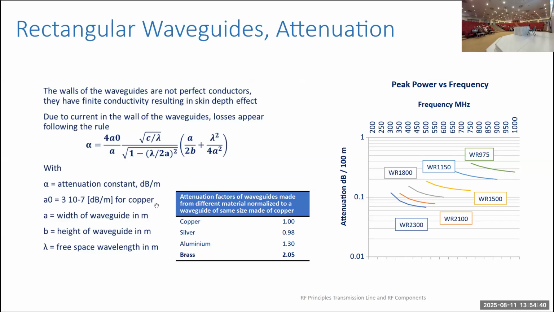It is the attenuation of RF per meter. a is the width of the waveguide in meters, b is the height of the waveguide in meters, and lambda is the wavelength in free space. And if you have a rectangular waveguide whose shorter side is half of the longer side, then this formula can be further simplified. Here in this graph, it is shown what the peak power carrying capacities of different waveguides are.